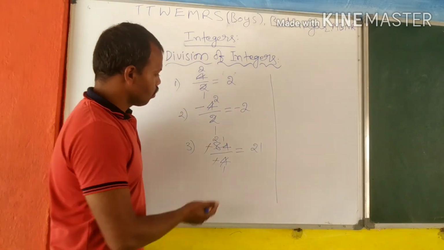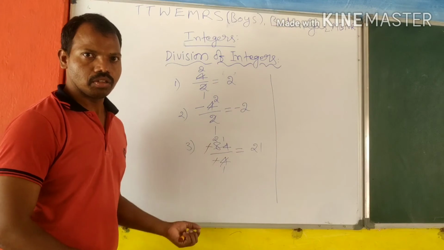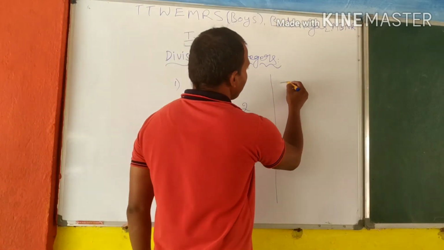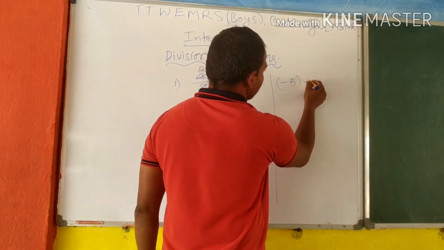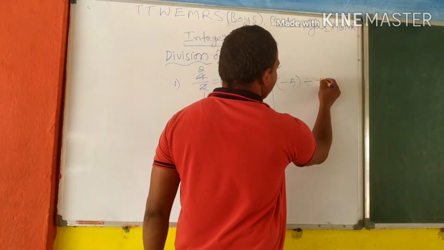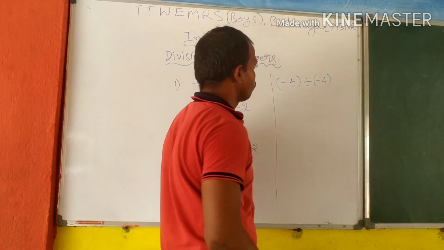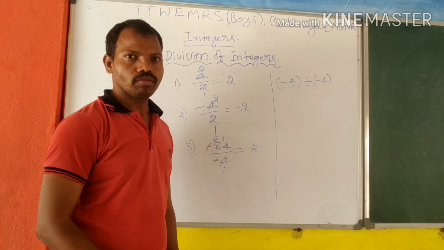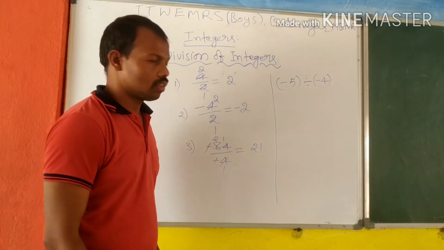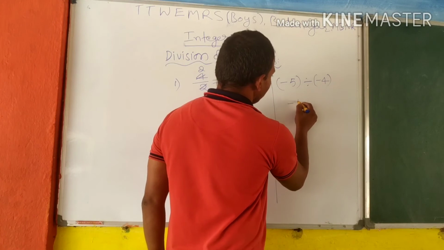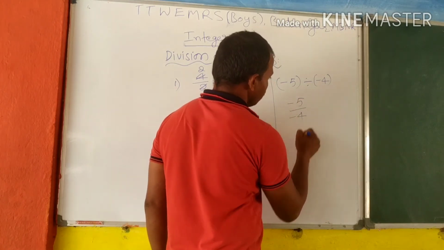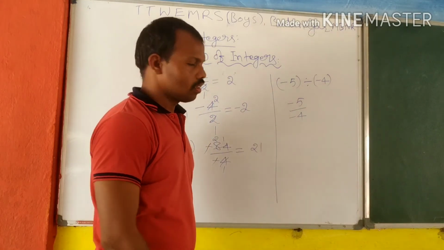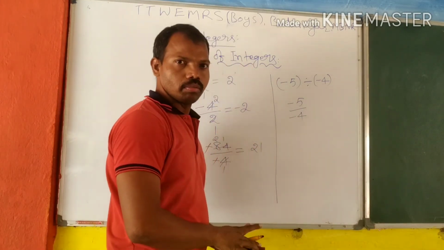If the denominator contains the negative symbol, it goes to the numerator also. Minus 5 is divided by minus 4. What is your answer? Both contain the same sign, here minus, here also minus.